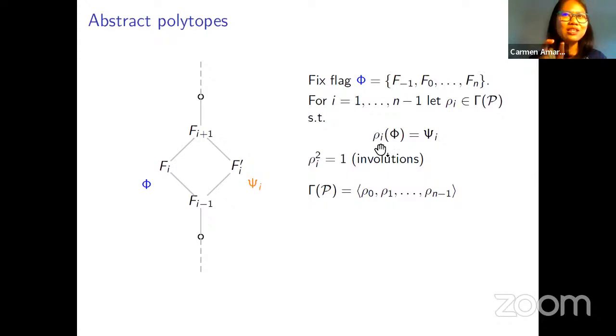Now, these rho sub I's will be important. It's easy to see that these are all involutions. Or it can be shown that these are all involutions. And also, it is possible to show that the full automorphism group of P is generated by these involutions rho sub I. Now, sorry, these are theorems.